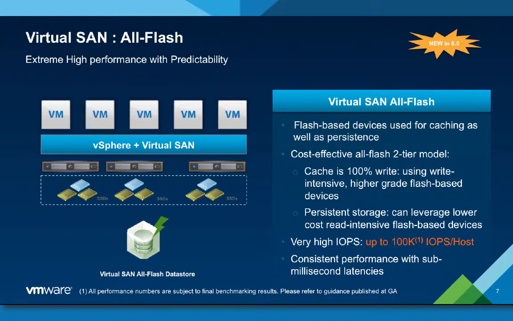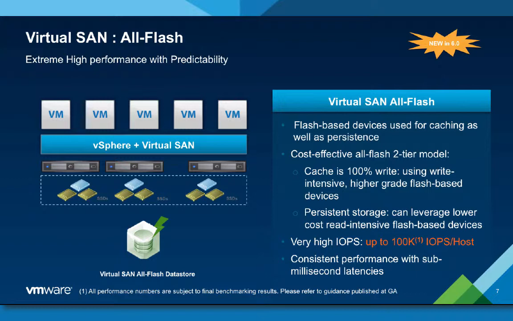So now to take a look at the all-flash virtual SAN array. This is a really exciting idea, because now instead of the flash being there just for read cache and write buffer, now the cache becomes 100% write. So it's able to function expediently throughout the storage stack.